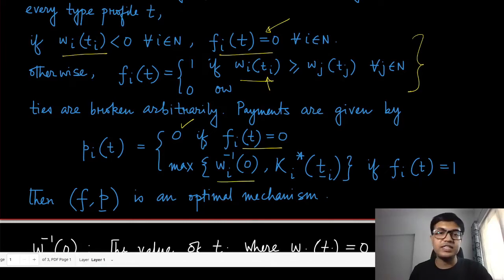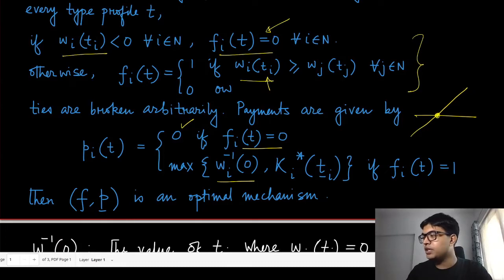The first one is the inverse function of wi at 0, w_i inverse of 0. This is the value of this agent at which point the virtual valuation becomes 0. You can remember that the virtual valuations were a monotone increasing function, and it was crossing the y equal to 0 line at some point.